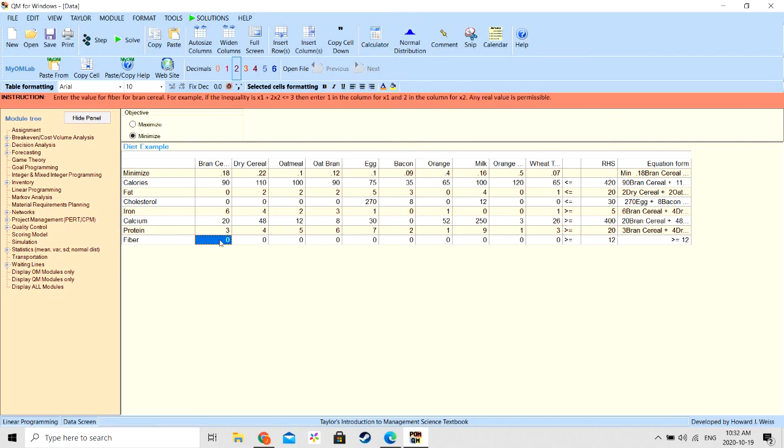So the key here is all we've really done is entered the data given to us into this convenient format presented to us in QM for Windows.